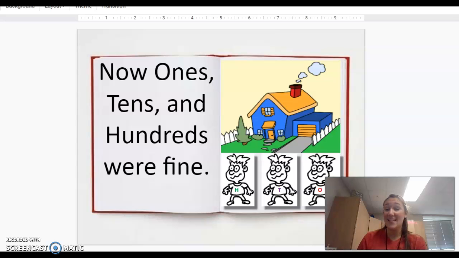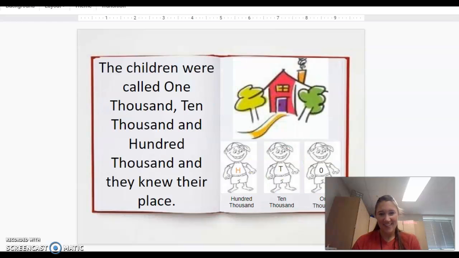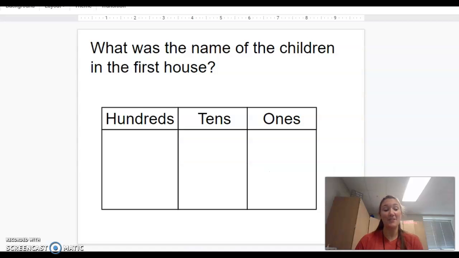Now, ones, tens, and hundreds were fine. The second family decided their last name would be thousands. The children were called 1,000, 10,000, and 100,000, and they knew their place. The next time Mom called them by their full and proper name, all the children went in to have their dinner.